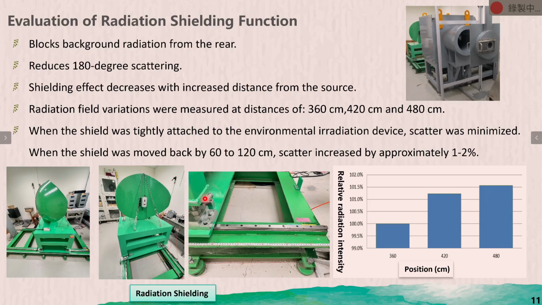In order to reduce the system's scattered radiation, we have this shooting box here. In this diagram, there are three different positions, and if it is far away from our system, the radiation intensity is greater.